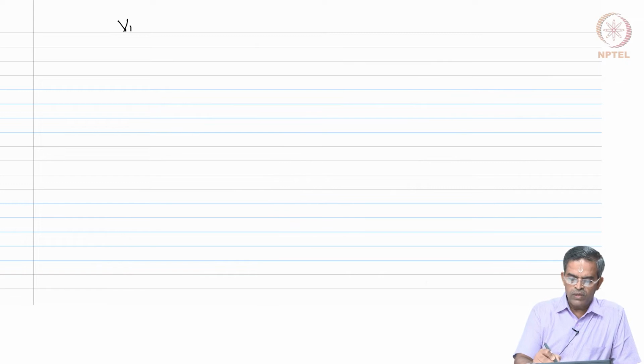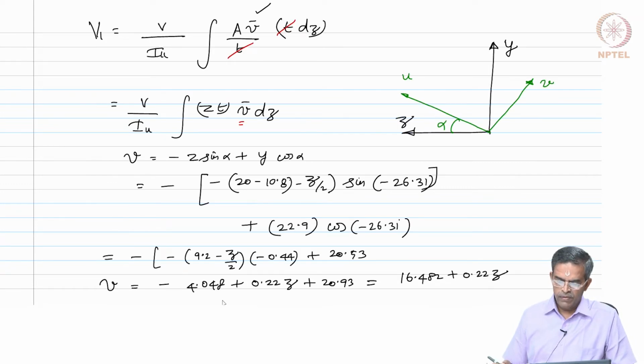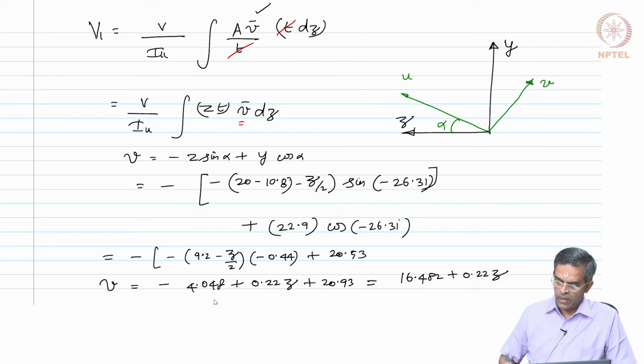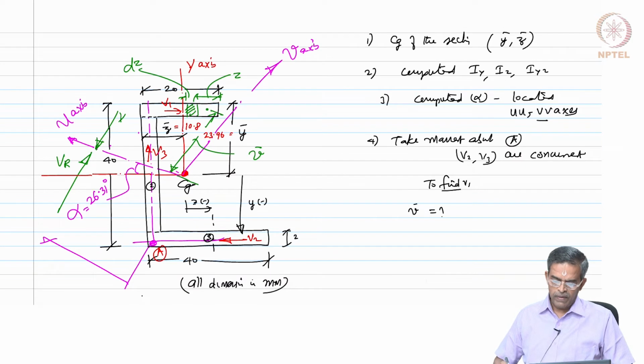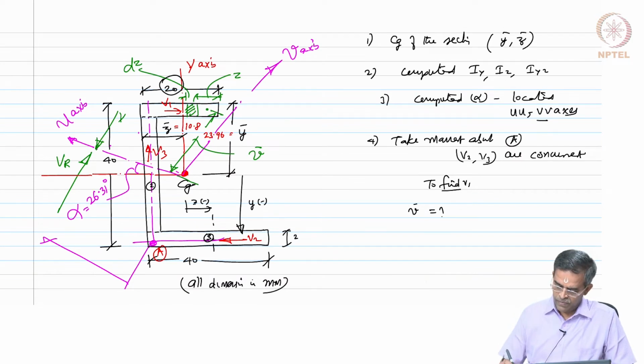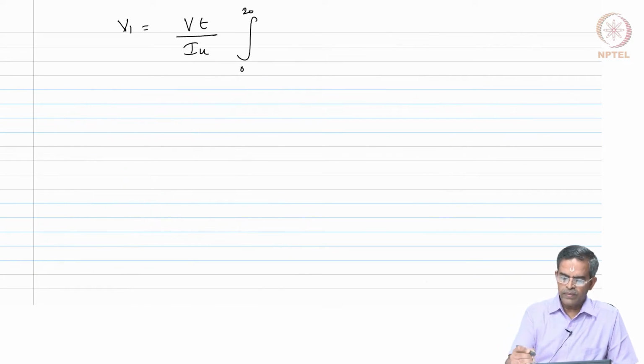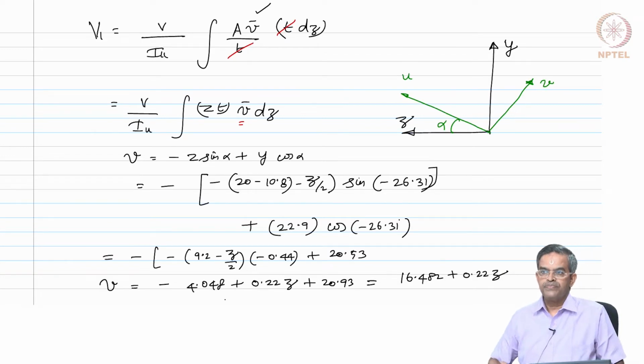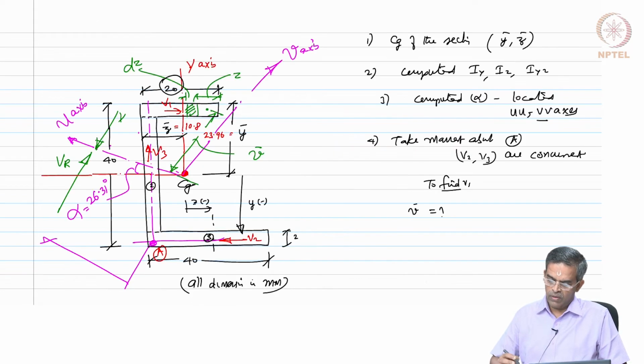So, now V1 will be Vt by Iu integral. Now we can say this will be for a length of 20, so I can say 0 to 20. See here, we have A, which is Z dz, that is what we are looking for.